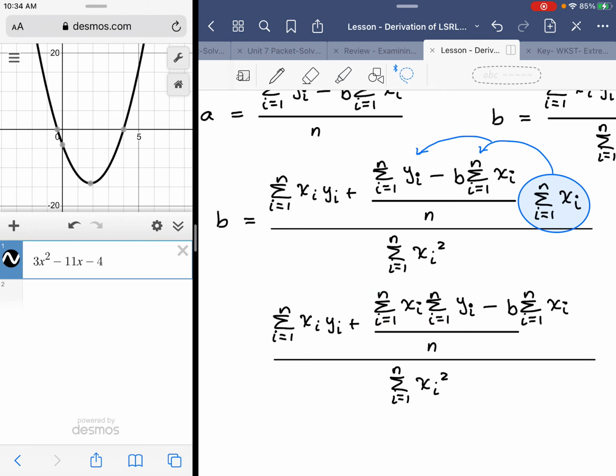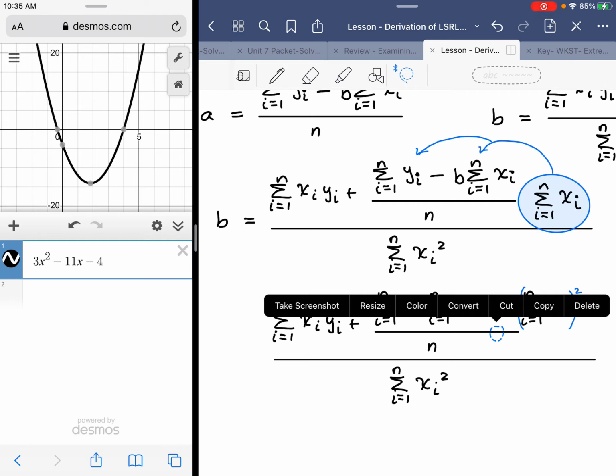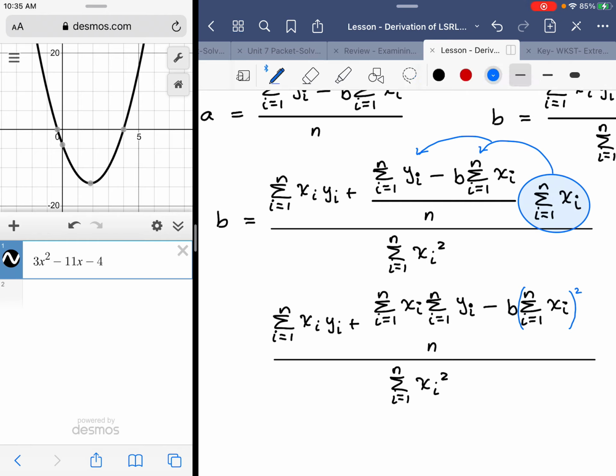We're going to need some more length on that fraction bar, but that's okay. I also need to multiply that sum of x by another sum of x. So it's a sum of x as a quantity squared. All right, and we'll get to that in a second because we could do something a little bit nicer with that too.